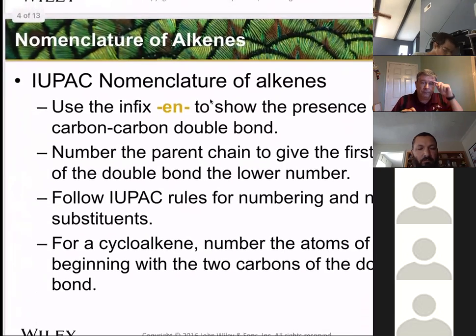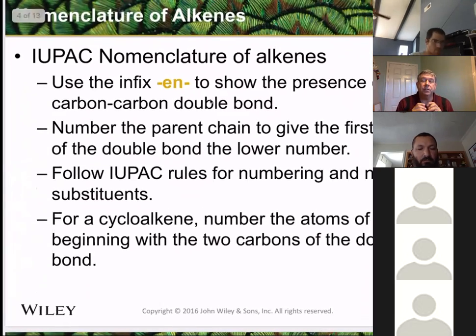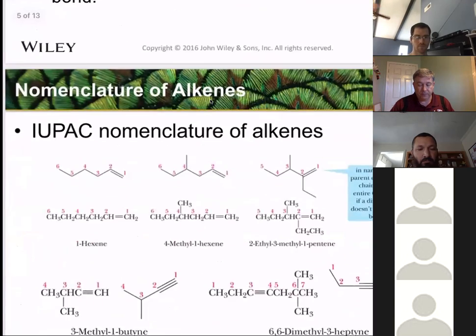So again, the infix, which is just the En, Yn, or An, tells us about whether or not there's a single bond, a double bond, or triple bond. The last letter, and in this case with the hydrocarbons, it's usually an E, means there's no other functional group. That's all it means, okay?